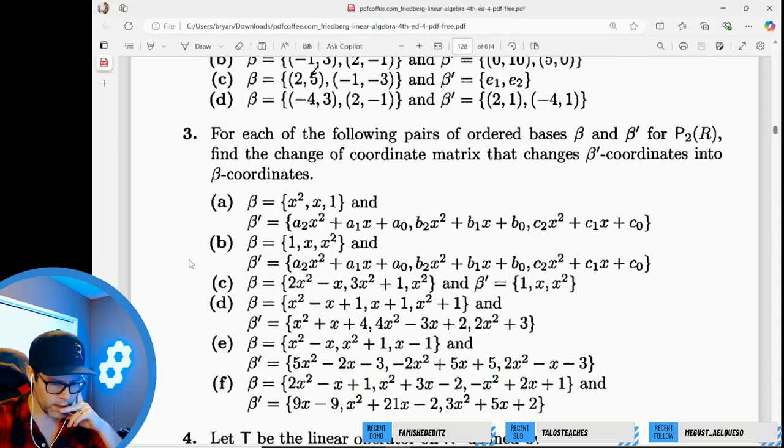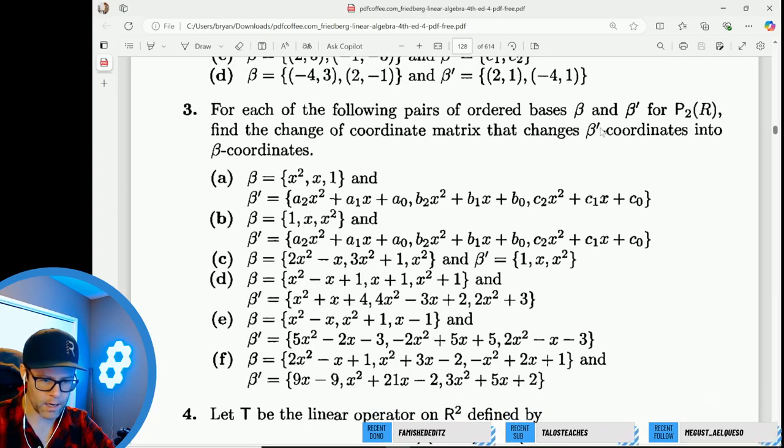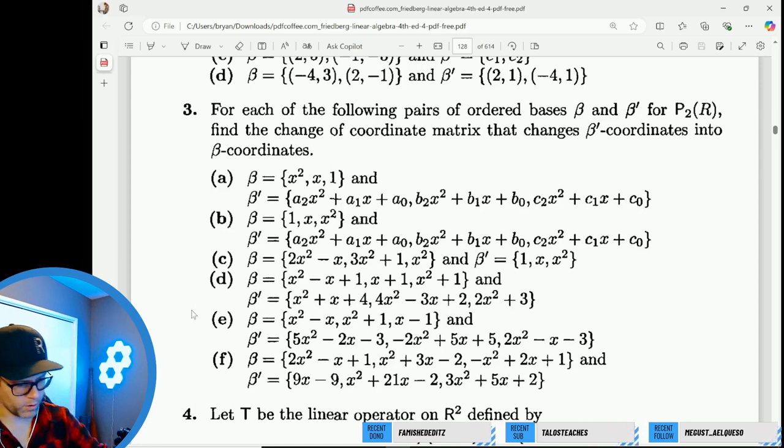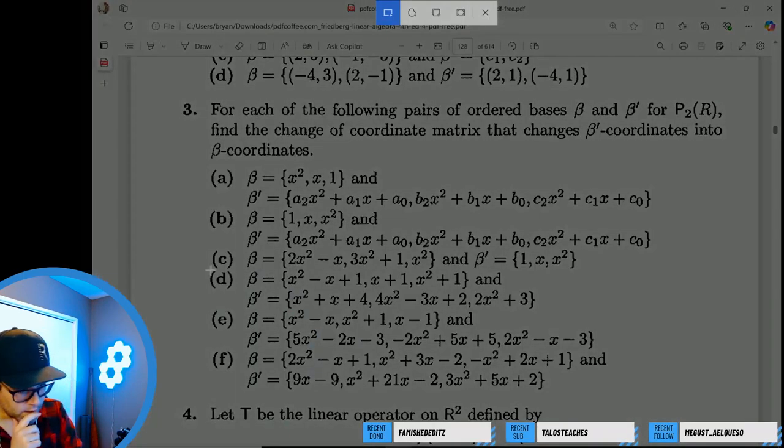So let's take a look at what we've got going here in 3. For each of the following pairs of ordered bases, find the change of coordinate matrix that changes beta prime coordinates into beta coordinates. Let's do a polynomial example because I think it might be nice to see one of those.